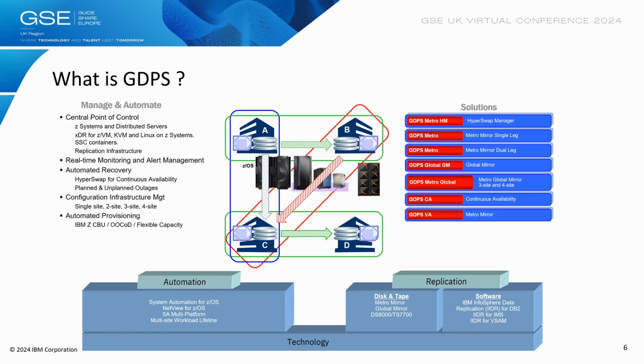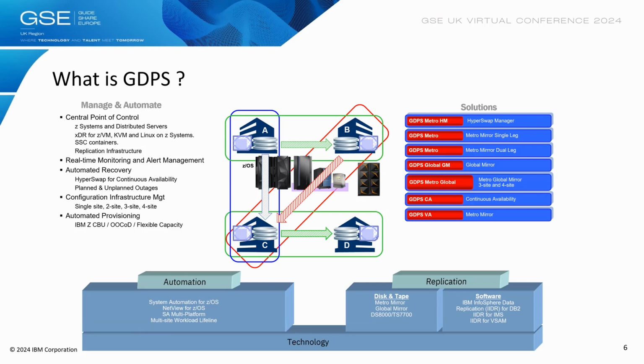So the GDPS Metro HyperSwap solution offers an RPO of 0, which means that you have no data loss with this solution. The RTO, recovery time objective, is an objective in terms of availability of the application. So how much time can you accept in case of an outage? How much time can you accept your application to be unavailable, let's say? And in case of the GDPS Metro HyperSwap Manager, this RTO is about a few seconds.